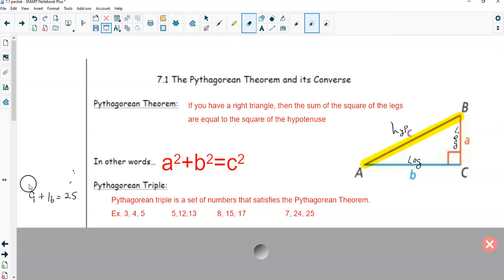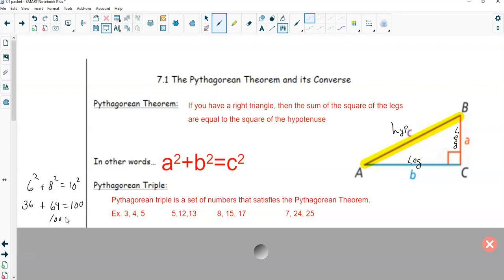Well, also understand that if I multiply all three numbers by any number, let's say I take 2, then 2 times 3 is 6, 2 times 4 is 8, and 5 times 2 is 10. Notice that 6 squared is 36, plus 8 squared is 64, and 10 squared is 100. This is true because 36 plus 64 is 100.